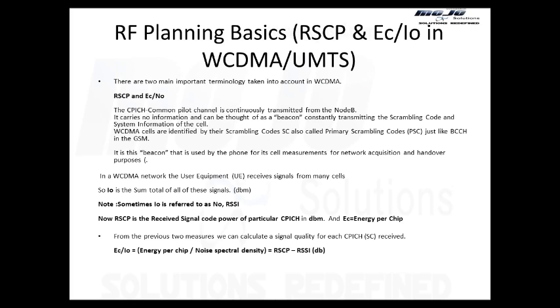This is called received signal code power. This is the measurement of how good or bad the signal is. I just explained the rule of thumb that anything -70 or better is considered good in UMTS. -70 to -90 is okay. -90 to -100 is bad, and anything -100 and below is very bad.